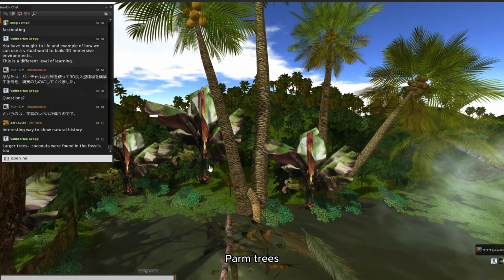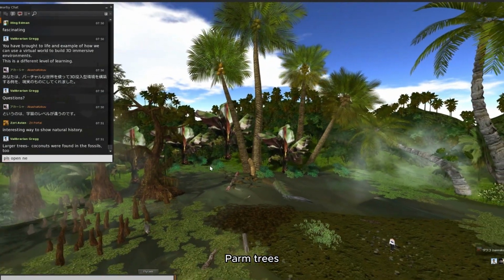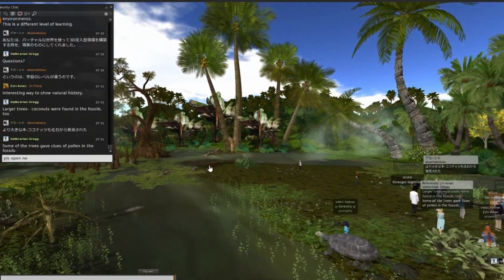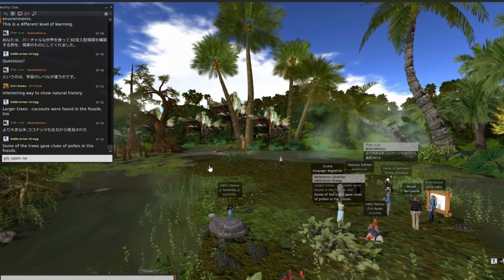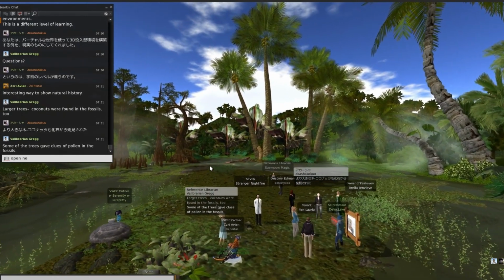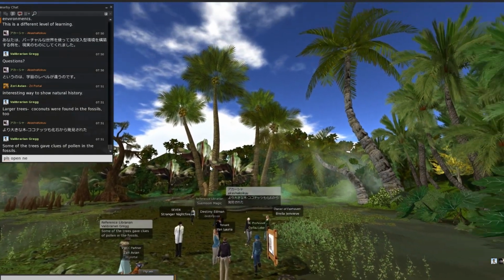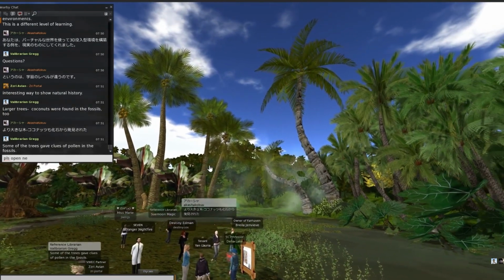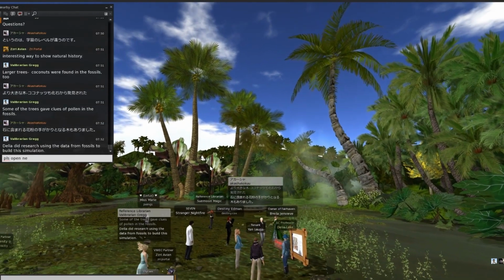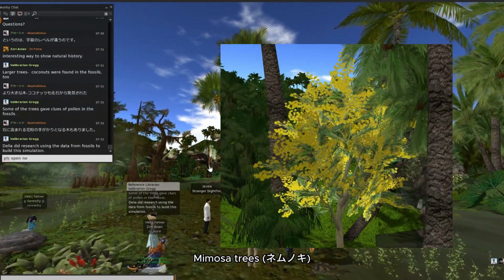And until I began to do some of this research to do this build, I didn't even think about pollen fossils. But there's a significant amount of pollen fossil in this area. So that's how come we have not only the magnolias here, but mimosa trees here.